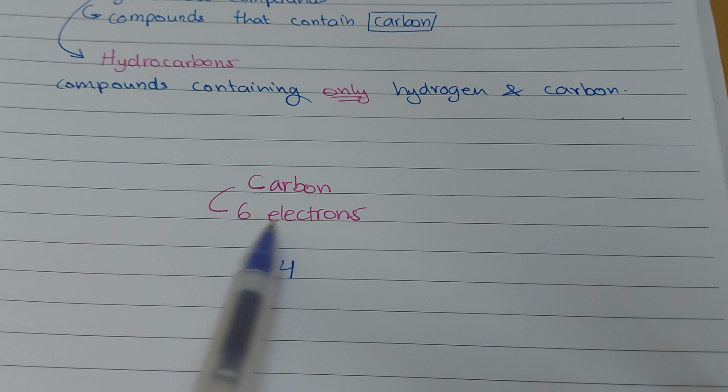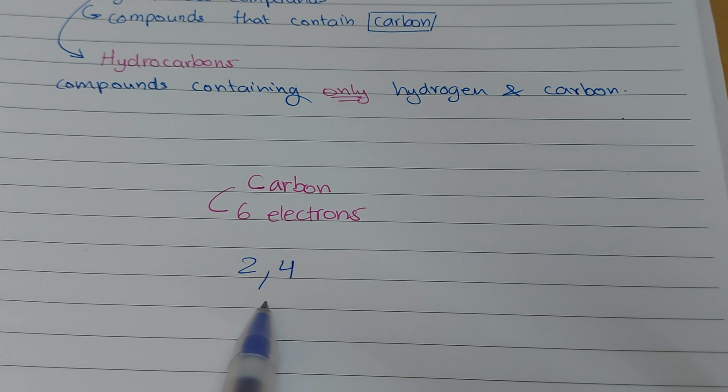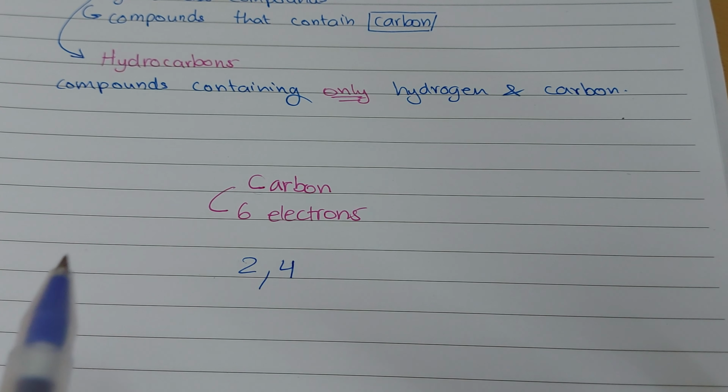So as you can see here, carbon does not have a completed valence shell. So the number of electrons left for it to be completed is 4 more electrons, and carbon here is a nonmetal, so it will form covalent bonds with other nonmetals.